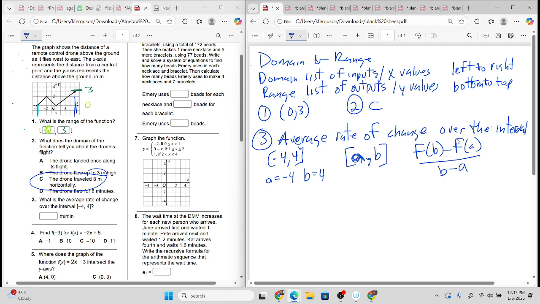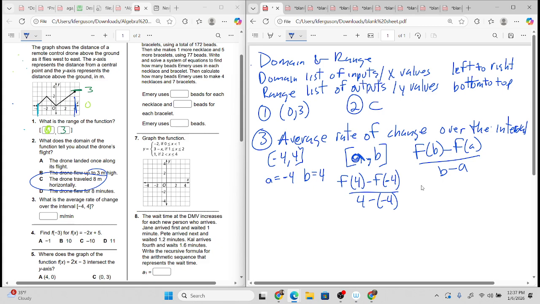So from jump, I can just plug and chug that in there. So I'm going to have F of +4 minus F of -4 divided by +4 minus a -4.